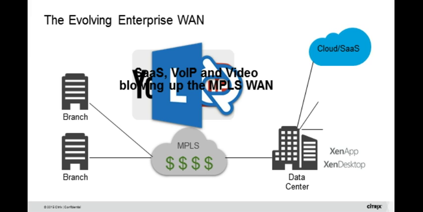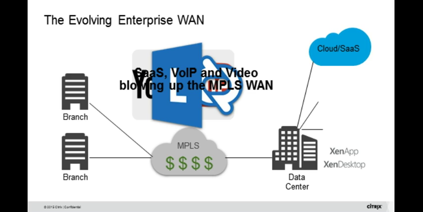At Citrix, we see many enterprises evolving their enterprise WAN from the traditional approach which you see on the screen now in front of you, where a data center, which hosted many applications including XenApp or XenDesktop from Citrix, connects out to branch office locations using a typical MPLS service.